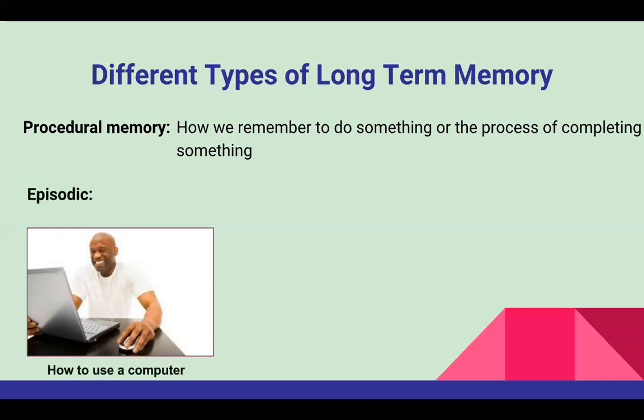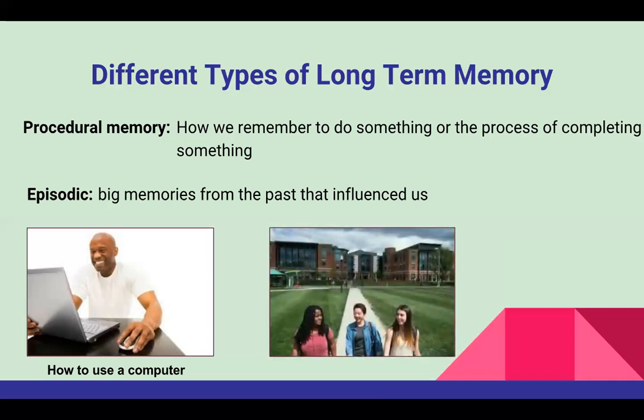Okay, and then episodic memory is memories from the past, things that have influenced our personalities or influenced the story of our lives. For instance, your first day of college, your perspective of the first day of school shapes so much of the story of that day.